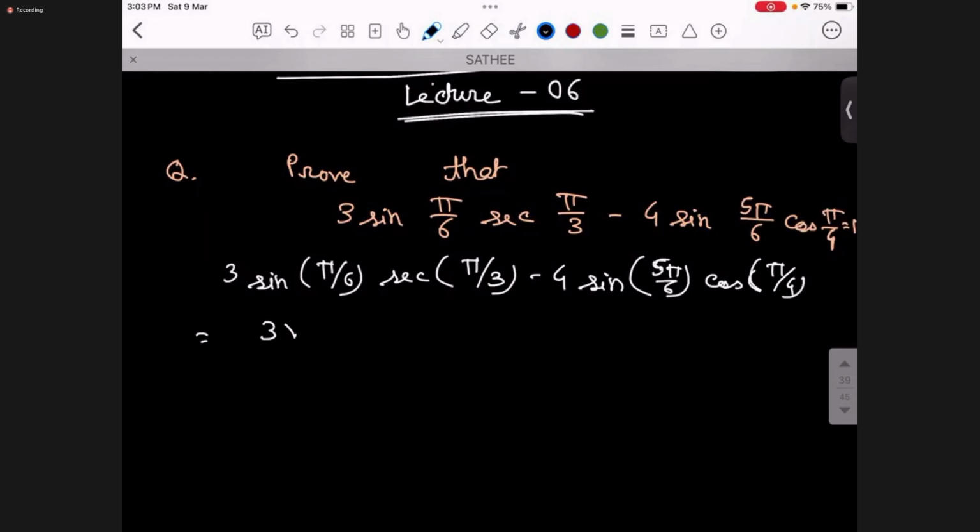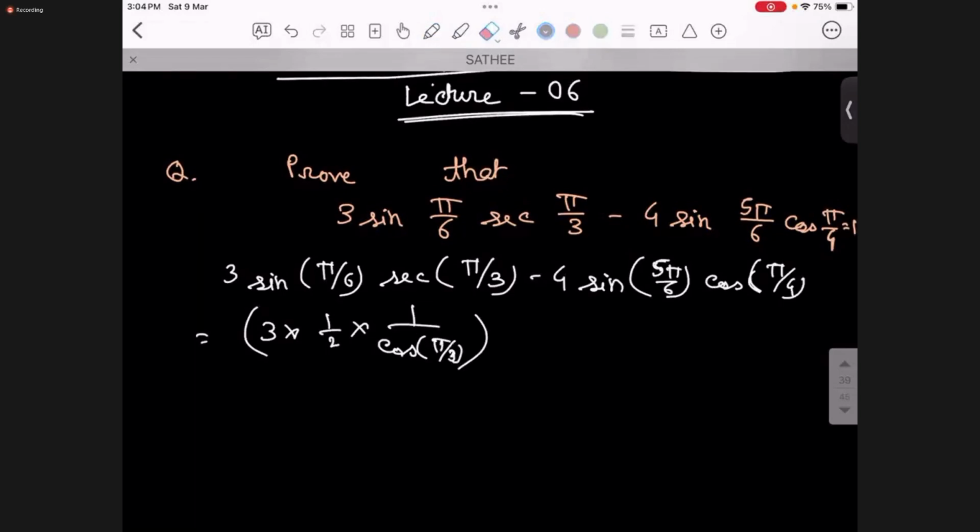Now 3 will remain here. What about sin(π/6)? Sin(π/6) is 1 by 2. And what about 1 by cos(π/3)? That will be equal to 1 by 1/2, which altogether gives 2.